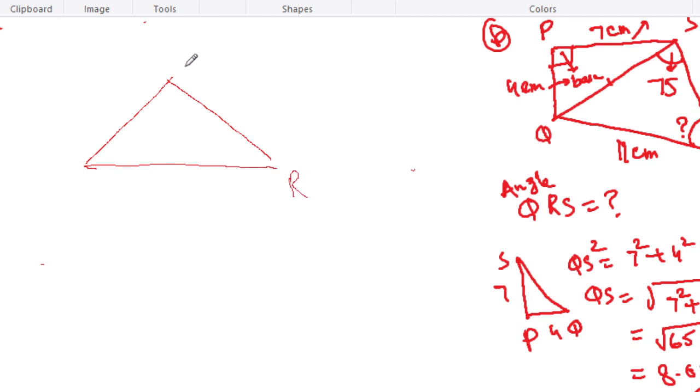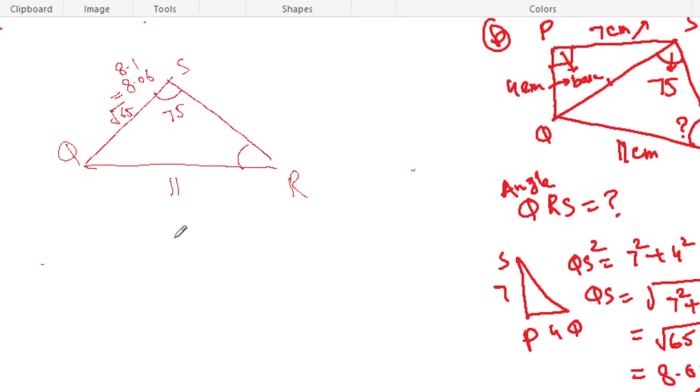This is R, this is S, this is Q. So I got this side, which is the square root of 65, which we can also write as 8.06 or 8.1. Both are correct. Now this angle is required. This angle is with us, 75 degrees, and this side is 11.